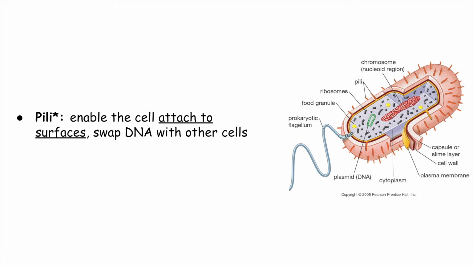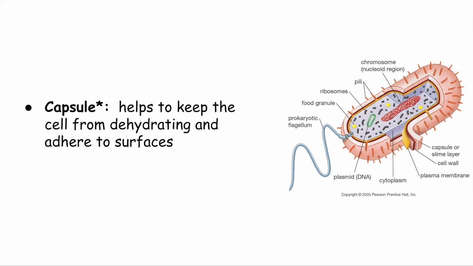Pili, not all prokaryotic cells have them, and they enable the cell to attach to surfaces and swap DNA with other cells. The capsule helps to keep the cell from dehydrating and adhere to surfaces, and not all prokaryotes have them.